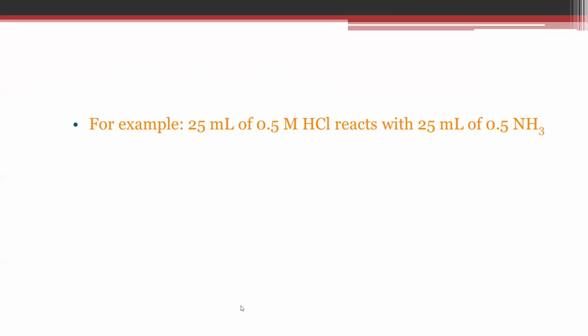25 milliliters of 0.5 molar hydrochloric acid react with 25 milliliters of 0.5 molar ammonia, NH3. In this case, the mathematics will be the same for either one because the volumes and the molarities are equal, but let's just pick the acid this time, the hydrochloric, where we originally know that we have 0.5 molar and we've got 25 milliliters of that.